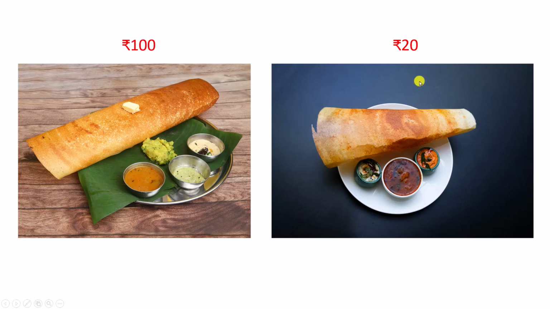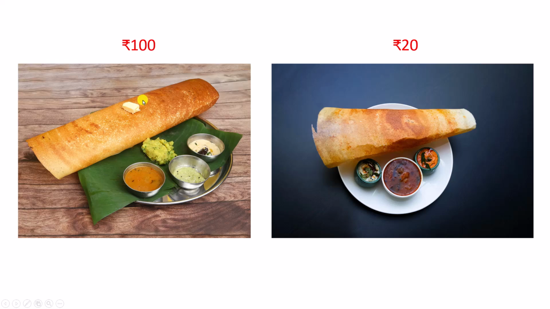Alright? And you might have felt the same too. Sometimes you go to a cart or a small hotel, eat something, and when you pay the price, you feel that it is worth the price, or that it should cost more due to the taste. Okay? So, this is one argument.